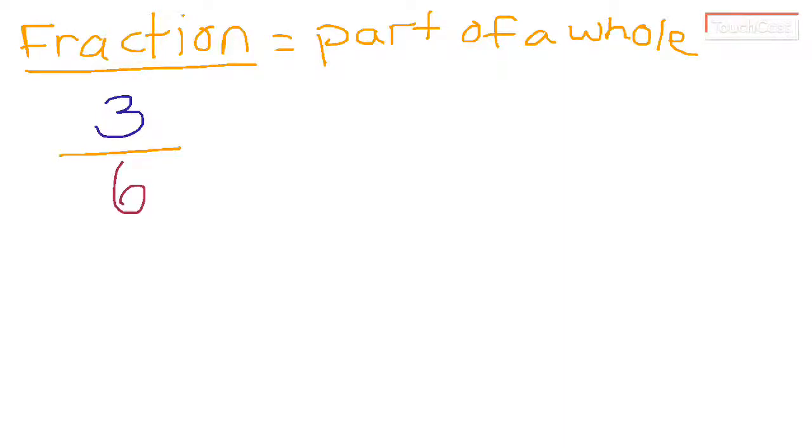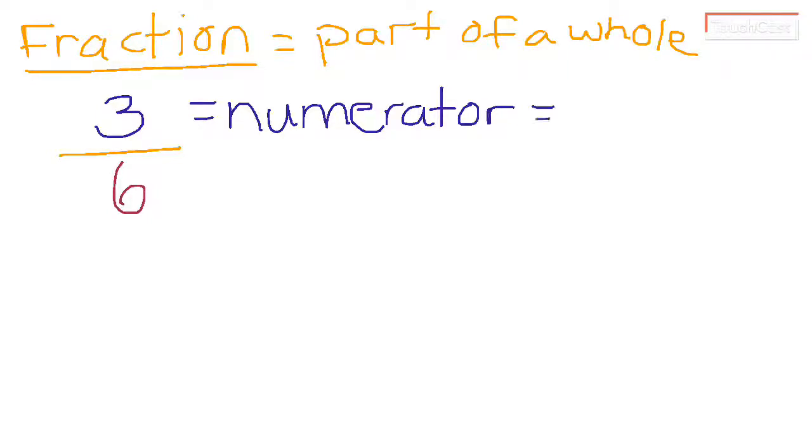Okay? So, what is our numerator? Is anybody raising their hands while I'm doing this? Okay. So, our numerator is the number of pieces that we are specifically talking about. Okay? So, our number of pieces.